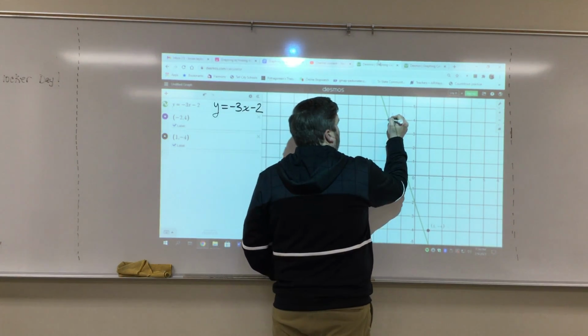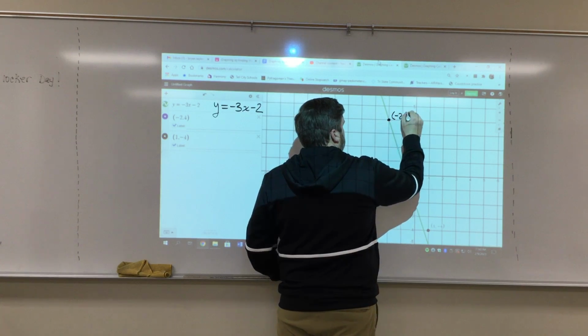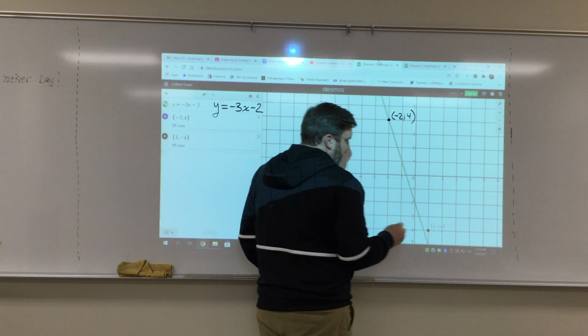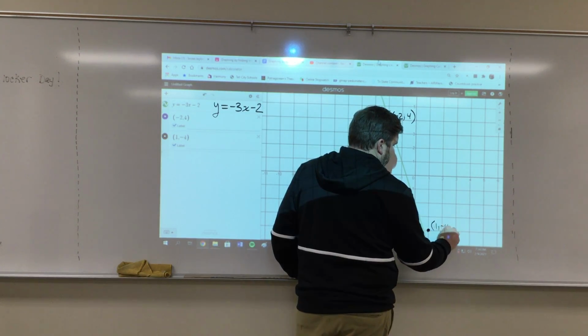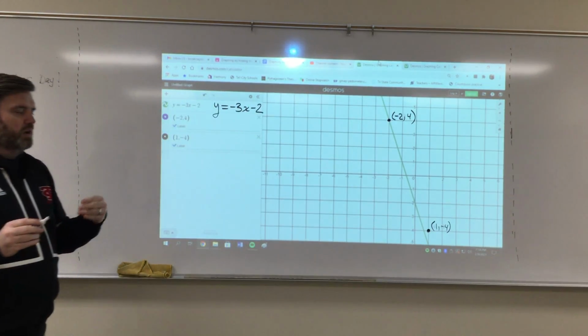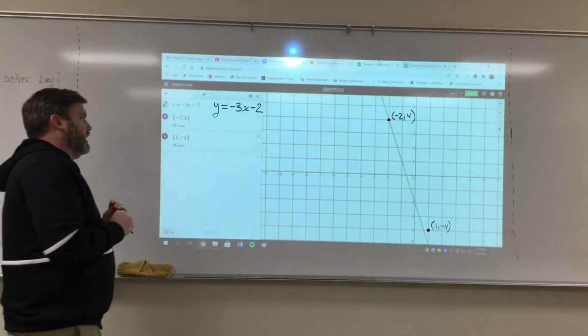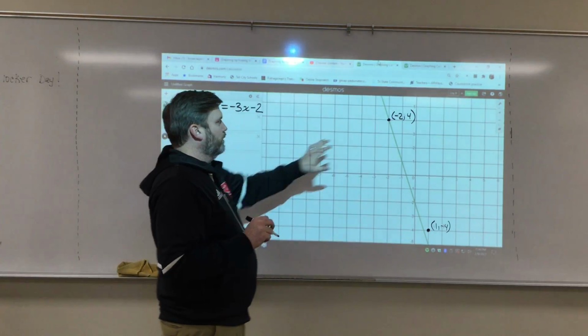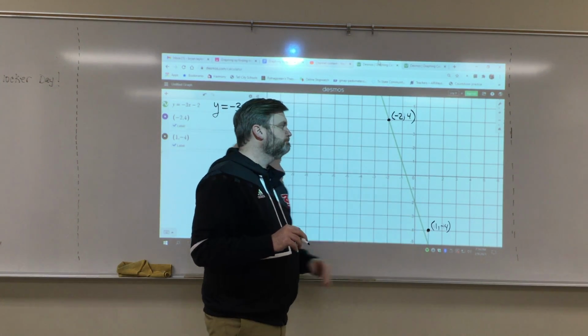We have this point, which is obviously on the line. The coordinates for that one are negative 2, 4. And the coordinates for this one are 1, negative 4. Again, you won't be given the graph. You're not going to be able to just look and tell. But I did want you to see what's going to happen when I work with a point on the line and when I work with a point off of the line.